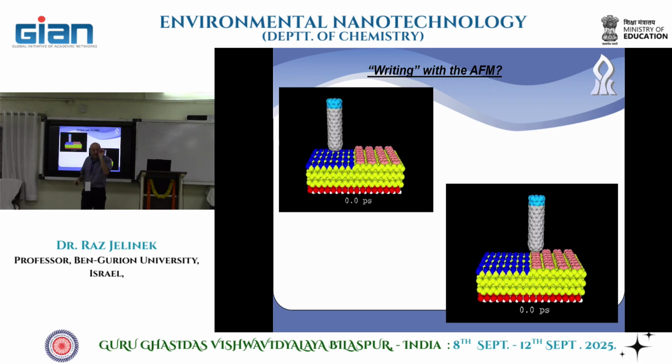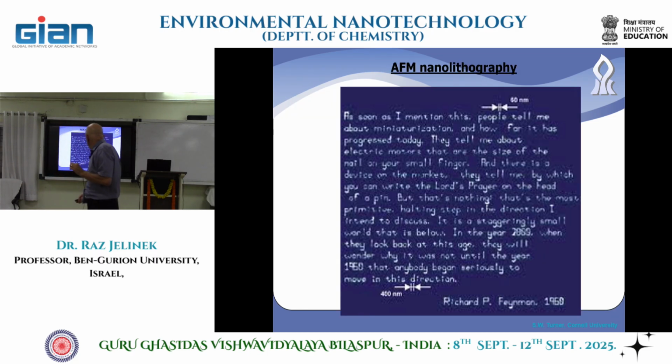You can actually take atoms and move them from place to place. And you can actually write things. Here, this is called AFM nanolithography. With the AFM, with this needle, you can actually write stories.